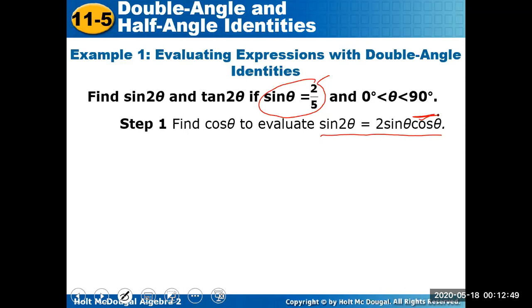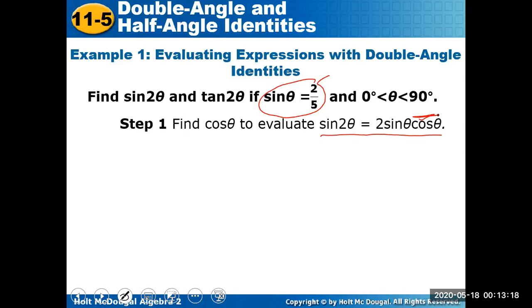In order to find cosine theta, there are 2 methods you can use. You can choose a method as per your ease, whichever you feel is easy. I will explain the 2 methods, so please listen carefully. The first method is by placing the values in the triangle.